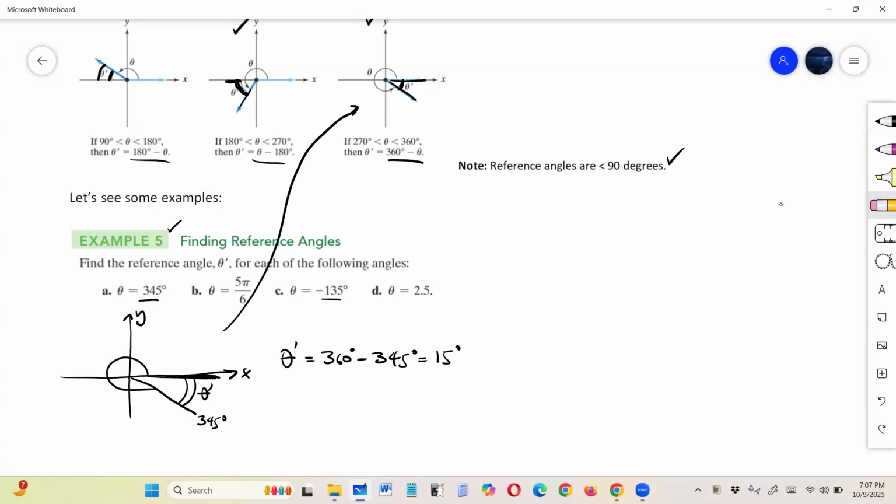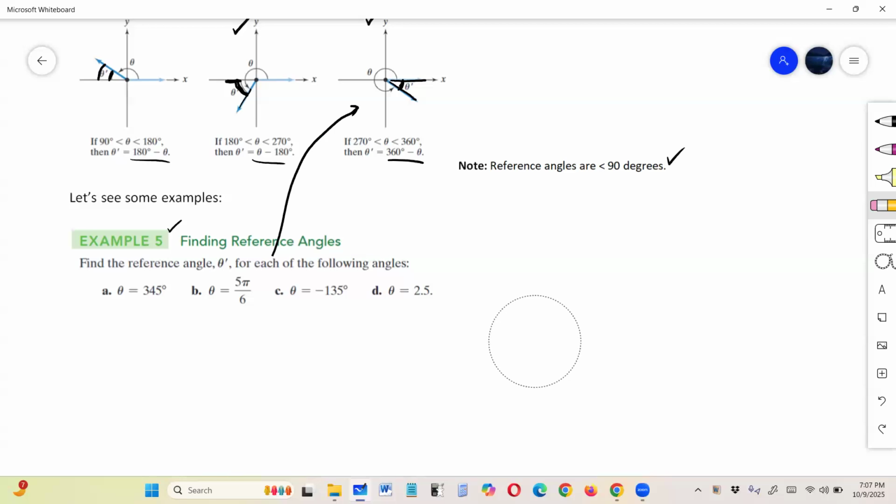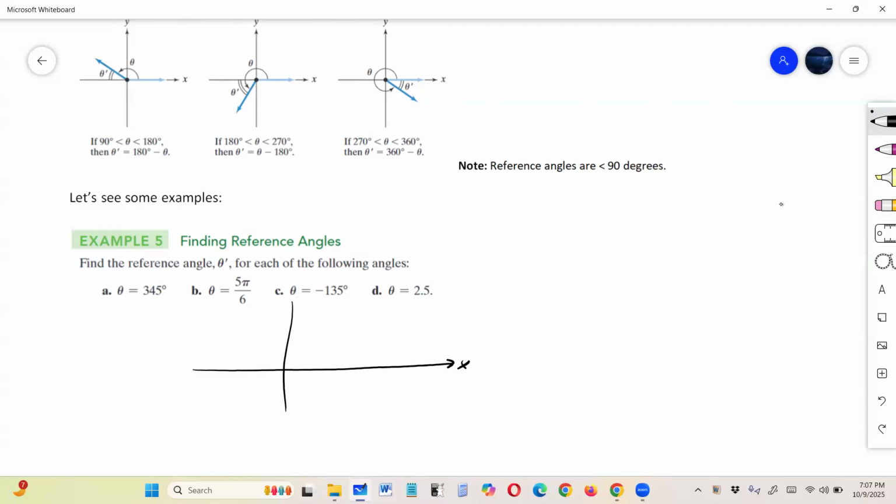Okay, let's take a look at the other angle now, negative 135. Obviously, I am going in this direction, and negative 135 is here somewhere. Now, I know that the reference angle is this, and this is 180, or negative 180.